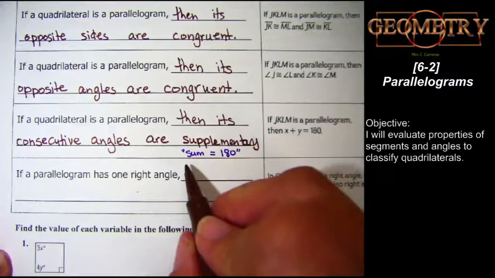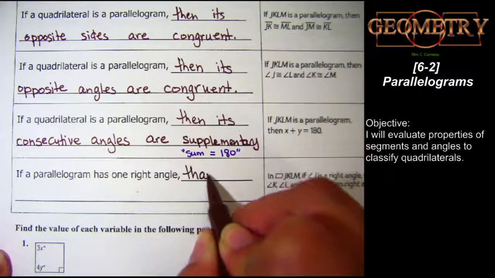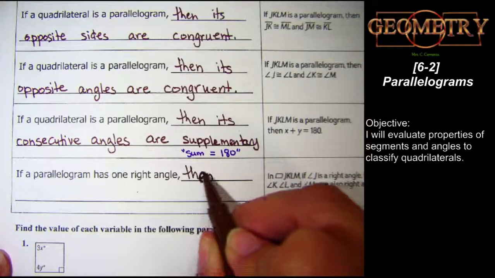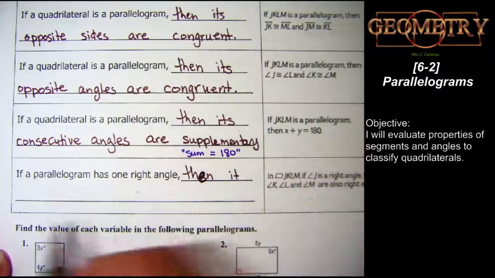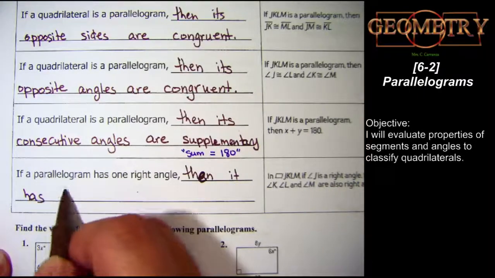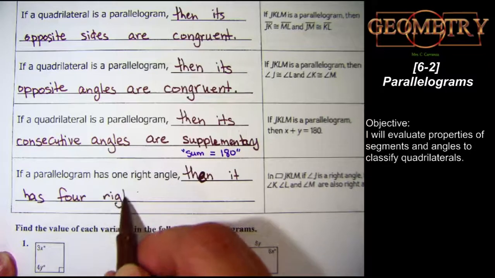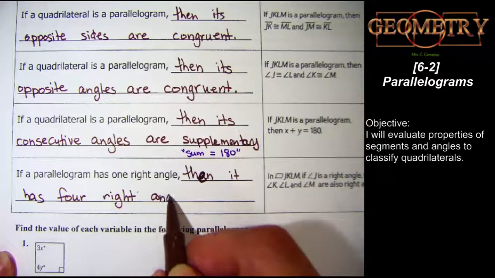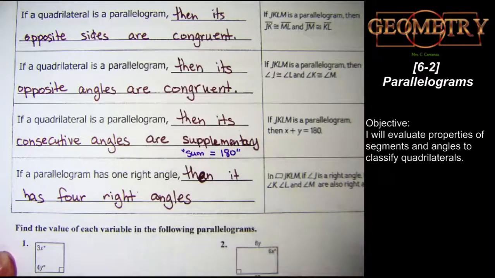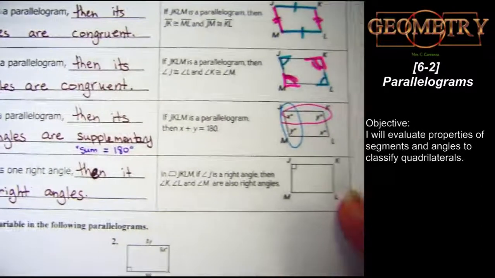If a parallelogram has one right angle, then it has four of them. If it has one right angle, it has four. Let's look at why.